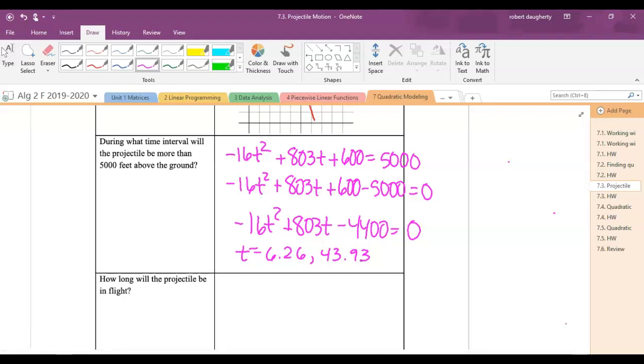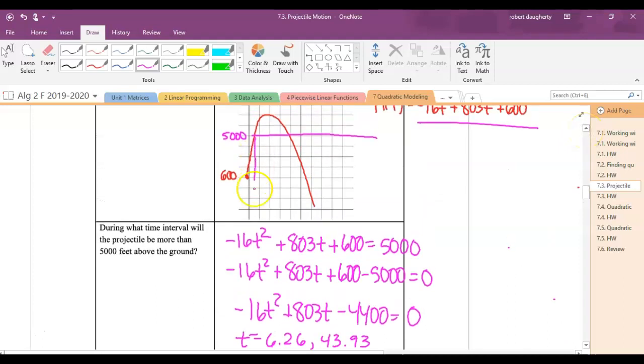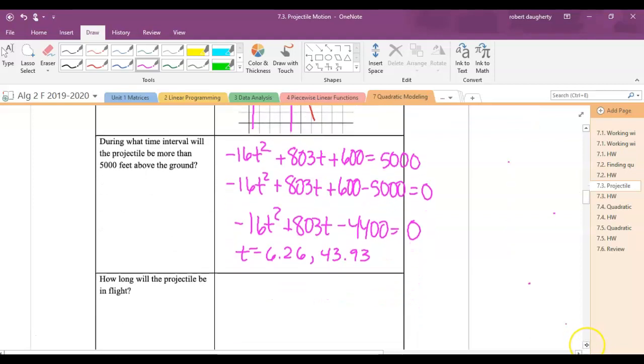So what was the question? During what interval will it be more than 5,000 feet above the ground? What is that interval? Yeah. So this is the 6.26. This is the 43.93. So between those seconds, it's higher than 5,000 feet.